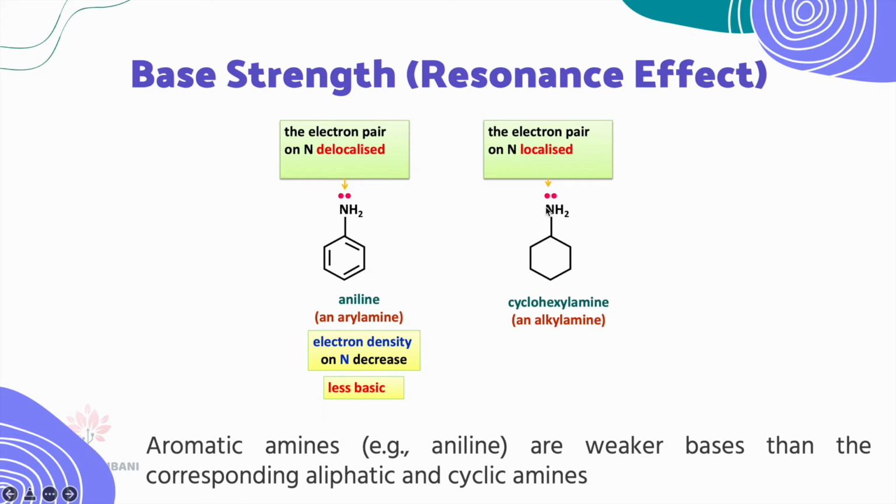Localized means it's here, it's not moving anywhere, it's on the N. Aromatic amines are weaker bases than the corresponding aliphatic and cyclic amines because the electron on the N can move around the benzene ring. That makes the electron density on the N decrease and less basic, because electron density is less on N, so it is harder to receive the H plus.